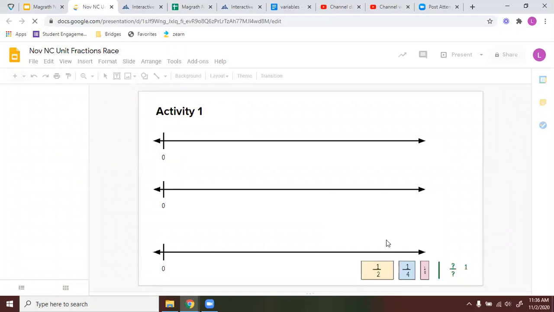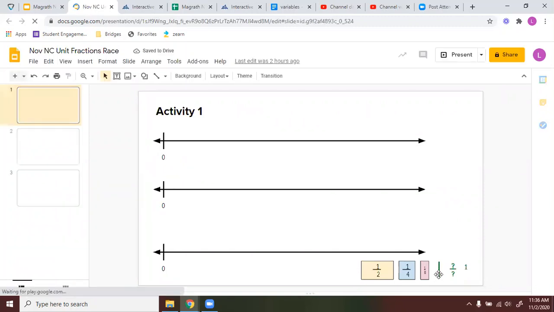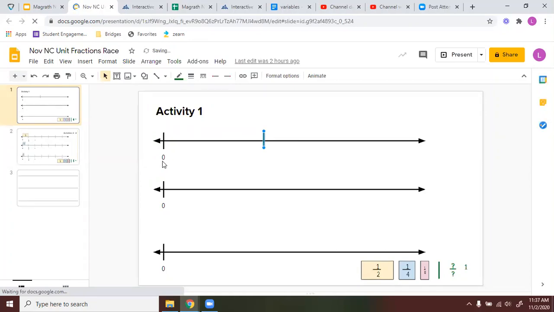Okay, so I'm going to bring this little mark up. If this is 0 at the beginning of this number line, I want this next tick mark to be 1. I'm going to put it at about halfway. I want that to be my 1 whole.